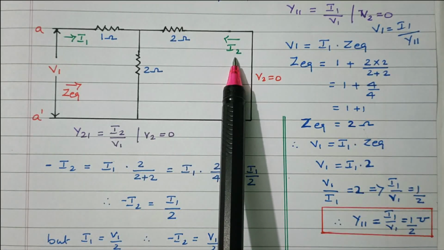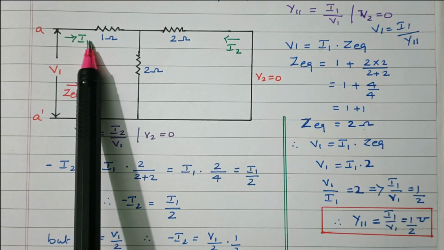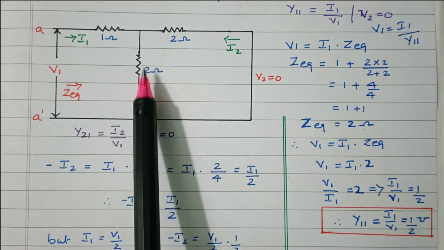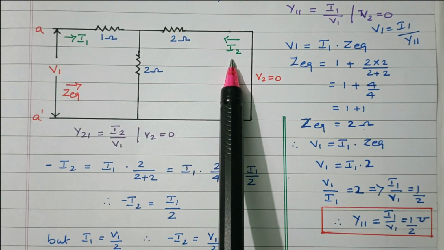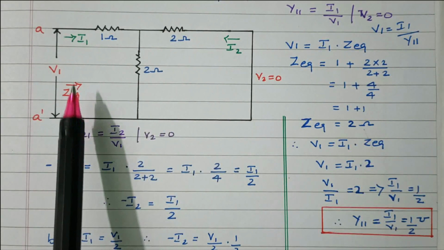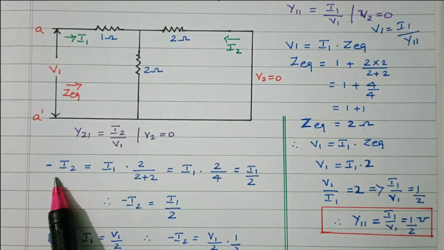The I2 current is flowing here. Here I1 is flowing through the 1 ohm. At this point it is diverted. So by using the current divider rule, we are able to find the I2 value. It is flowing in the opposite direction, so minus I2. I1 is flowing this side, I2 is flowing that side, so minus.